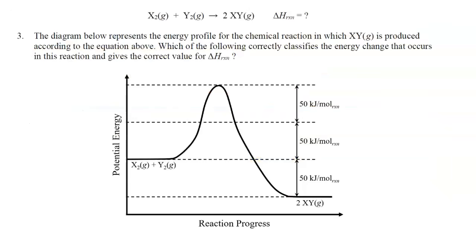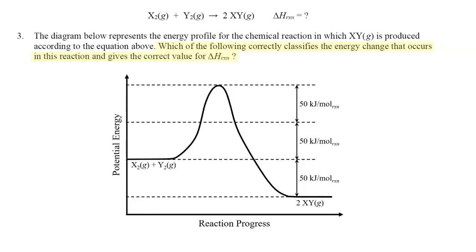Now let's take a look at question 3. In question 3, we are given an energy diagram or an energy profile. And it says, the diagram below represents the energy profile for the chemical reaction in which XY is produced, according to the equation above.